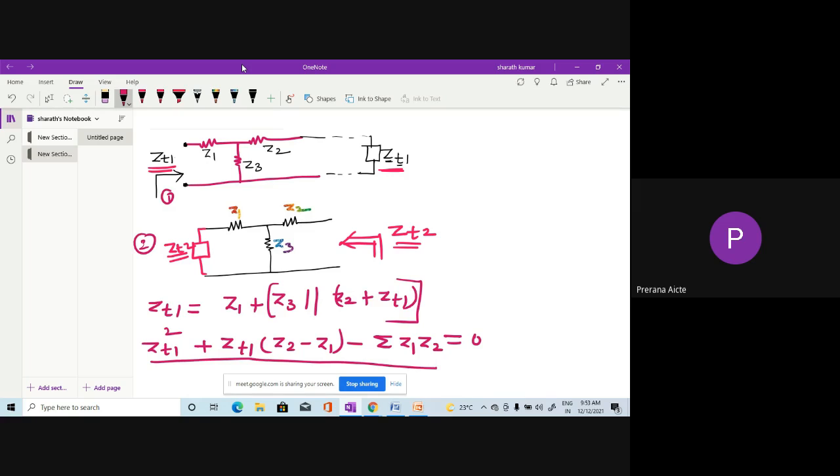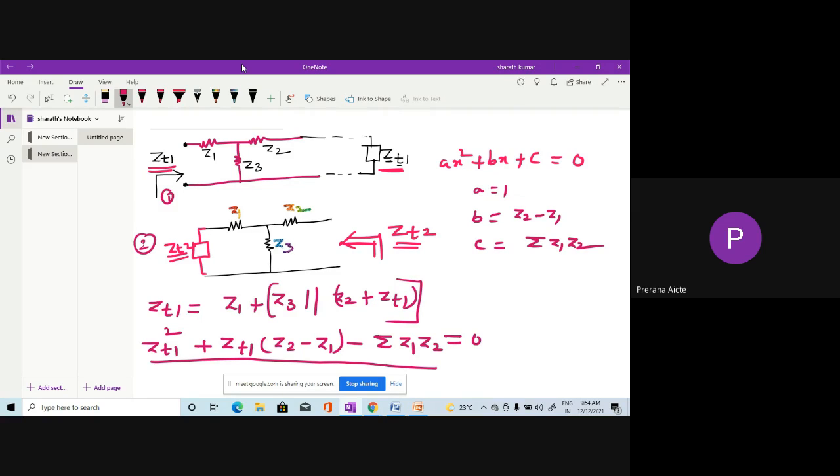It seems to be a second order equation, ax square plus bx plus c is equal to 0, where A is 1 and x is going to be ZT1, B is going to be Z2 minus Z1, and C is going to be the summation Z1Z2.